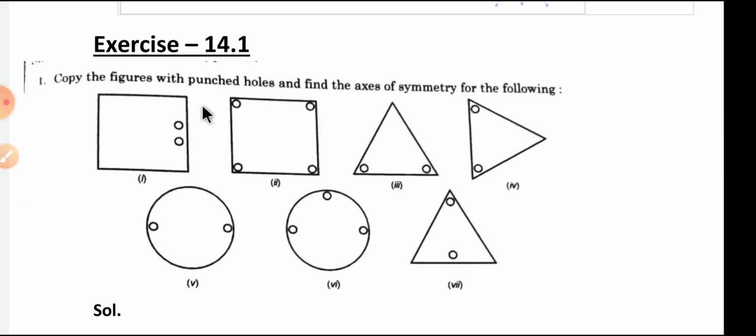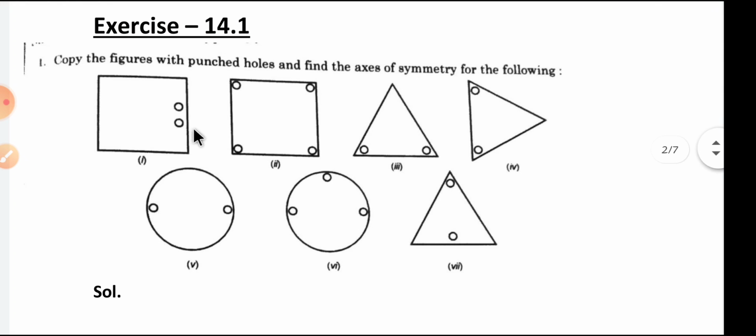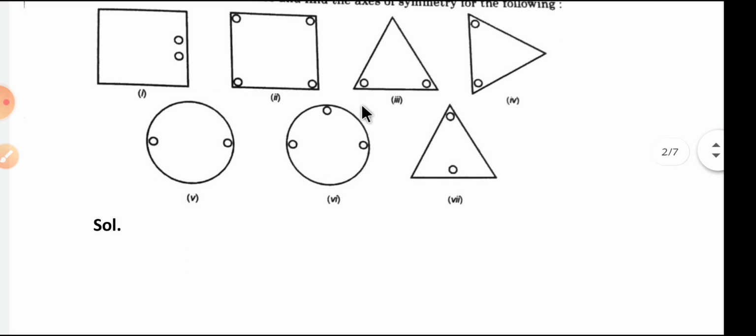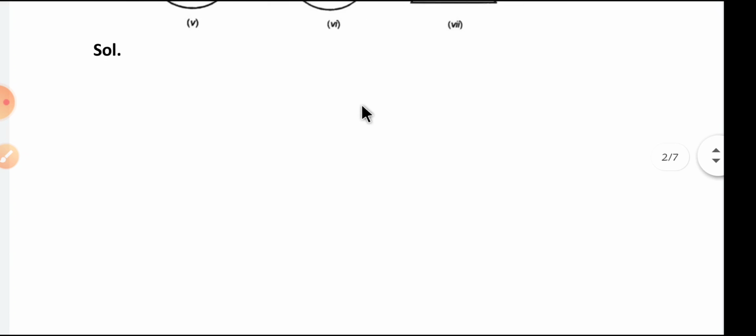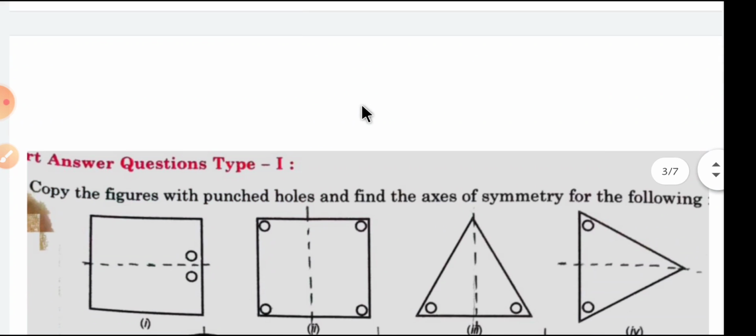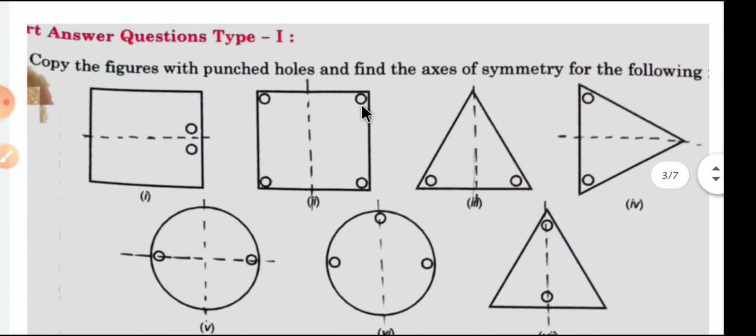Copy the figure with the punched holes and find the axis of symmetry for the following. Here we have to find the axis of symmetry. Axis of symmetry means how you can divide so that both parts will be equal.